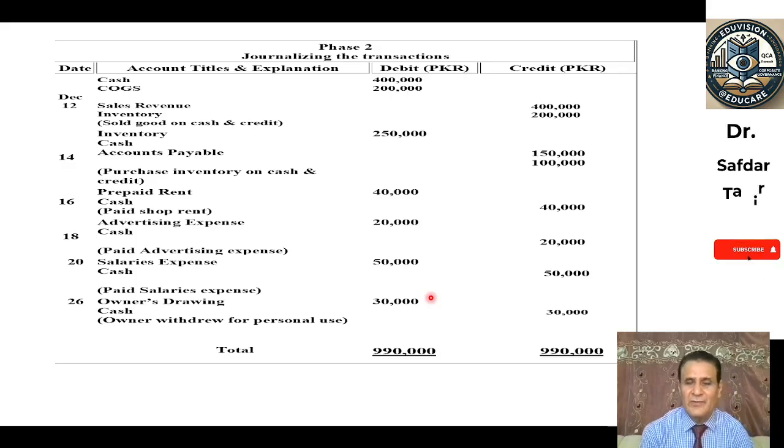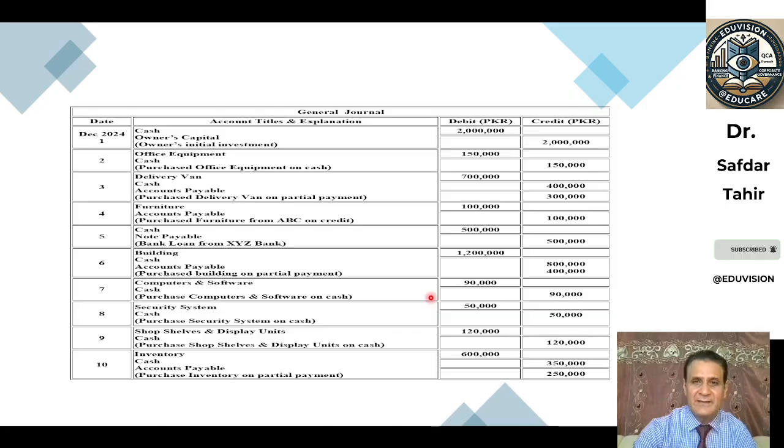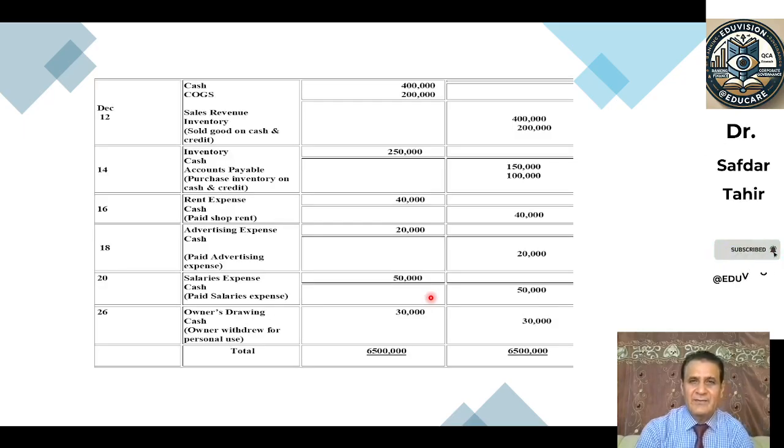So the additional entries are debited and credited in journalization. So this is the journal. So we prepared the general journal. When we incorporate the previous 10 entries with these 5 entries, it becomes this one.